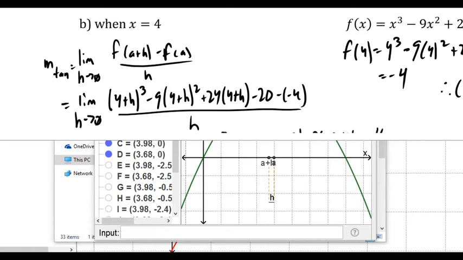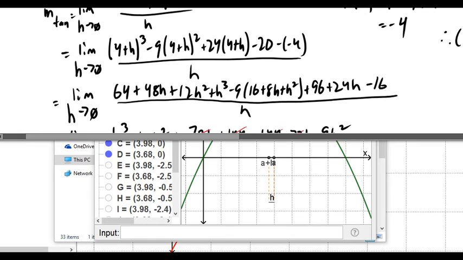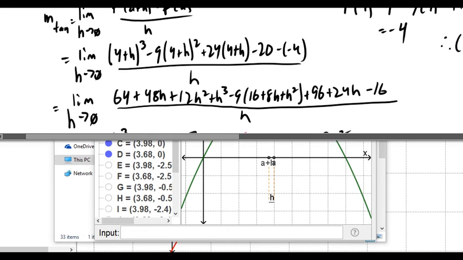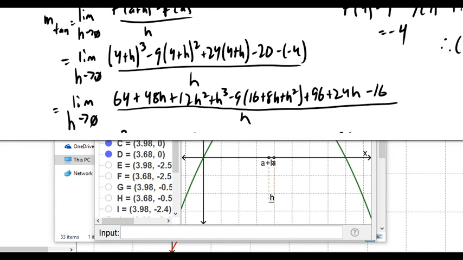Okay, I don't know how many people are done, but I'll put a little bit of this up. There's my first line, just my intro, and then subbing in 4 plus h cubed, 4 plus h squared, 4 plus h, and so on, and subtracting negative 4. And then expanding, so you can check your work if you want.